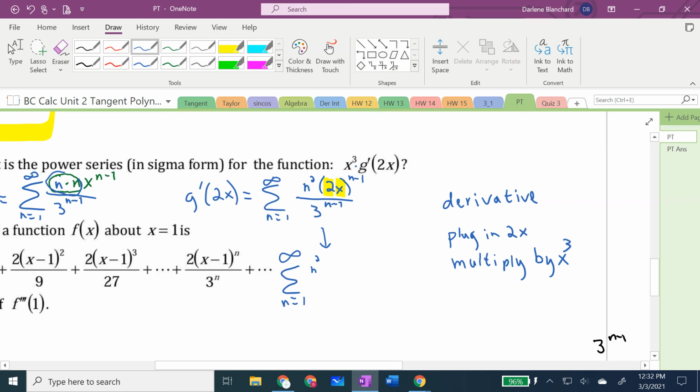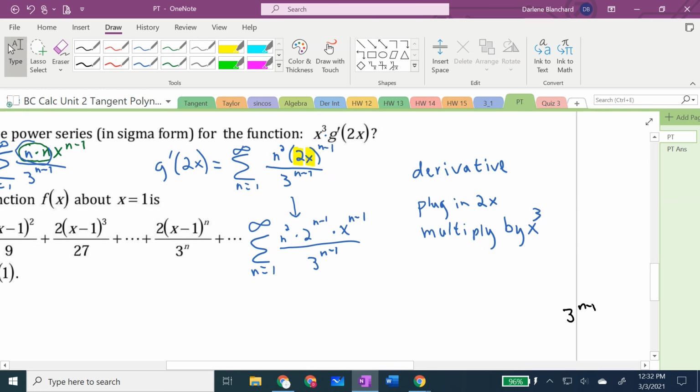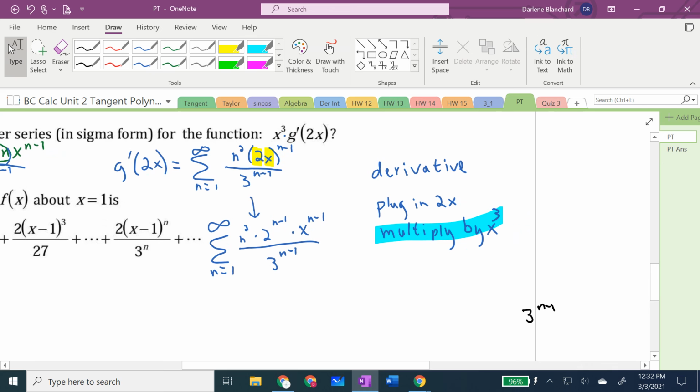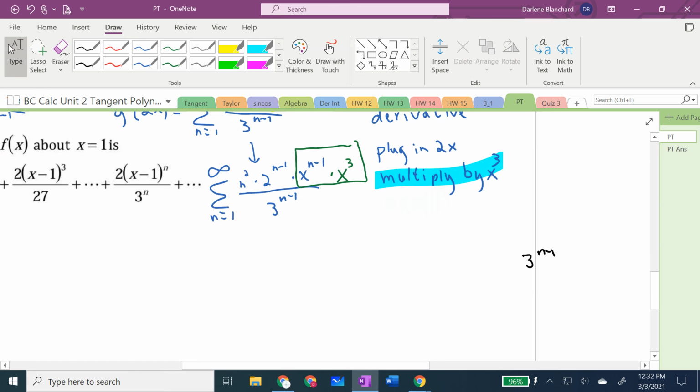So I'm separating 2 to the n minus 1 times x to the n minus 1. And then I multiply by x cubed as the last step. When I multiply by x cubed, I have to simplify by using the exponent rules of add the exponents.